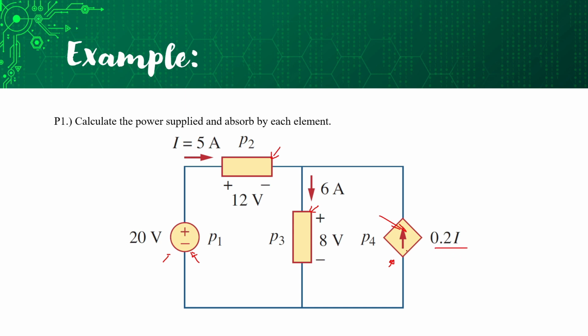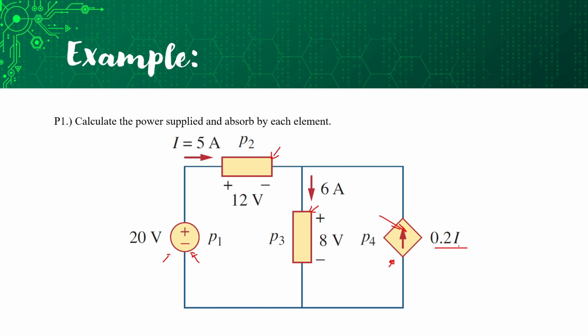Since it is a diamond with an arrow, it means a current. So it is a current source, so it supplies a current. Now let's check the condition, which is 0.2 times I. It is called a dependent source because of this condition.